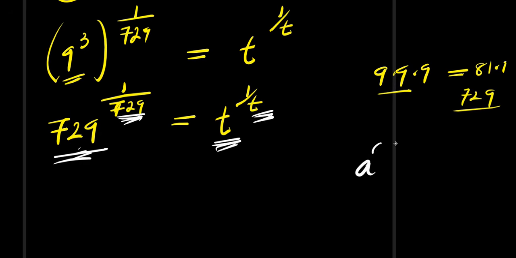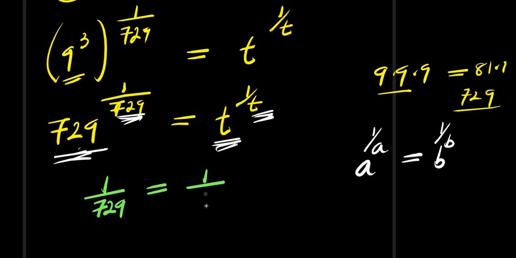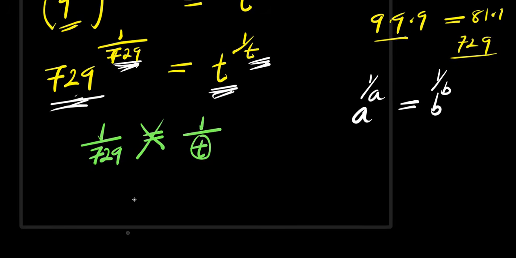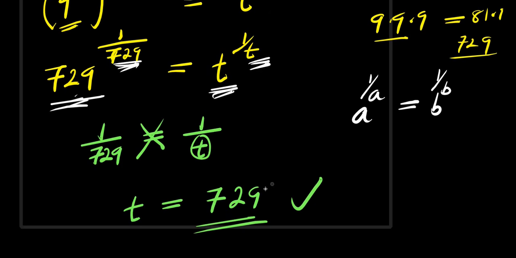If you have a power 1 over a equals b power 1 over b, then I can say that a equals b. So 1 over 729 equals 1 over t. So if you cross multiply, you have t times 1 and 729 times 1. So you have t equals 729. So this is the value of t that we have gotten.